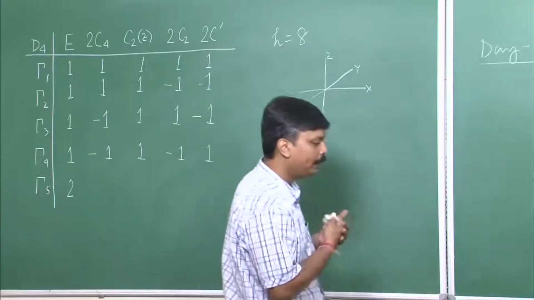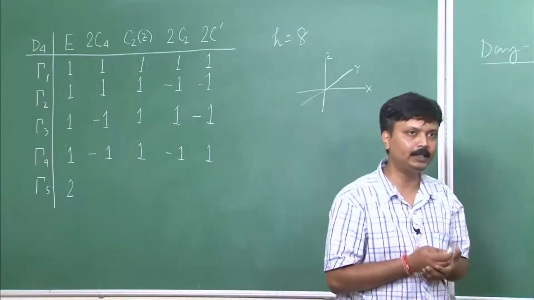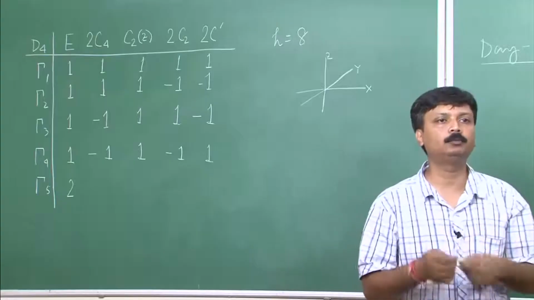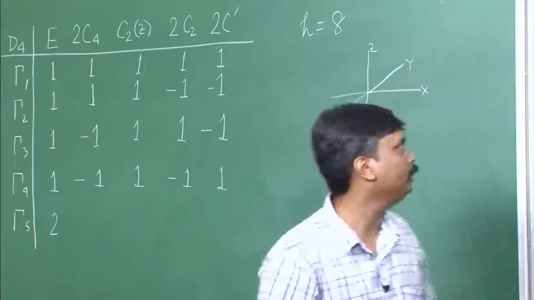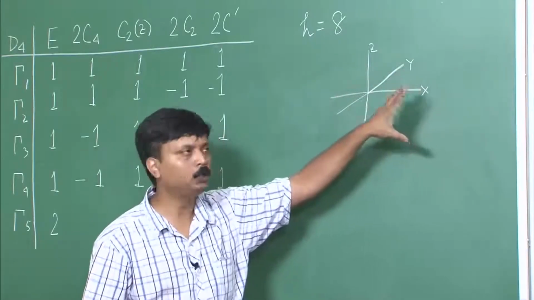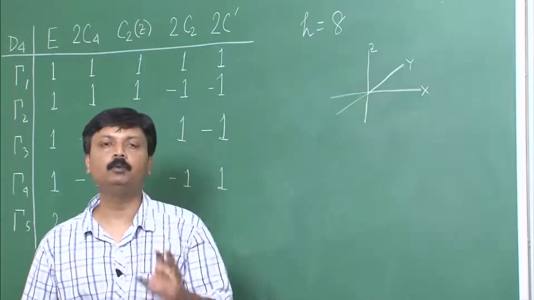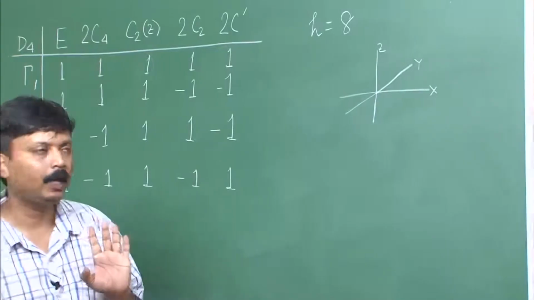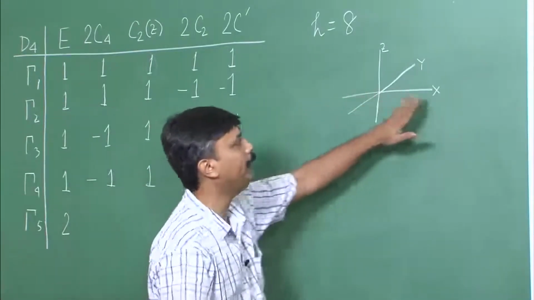We have already seen in certain cases that x and y transform together, and you can separate out z and x, y. So, here also we will do the same thing. We will omit z and we will perform our work on x and y.